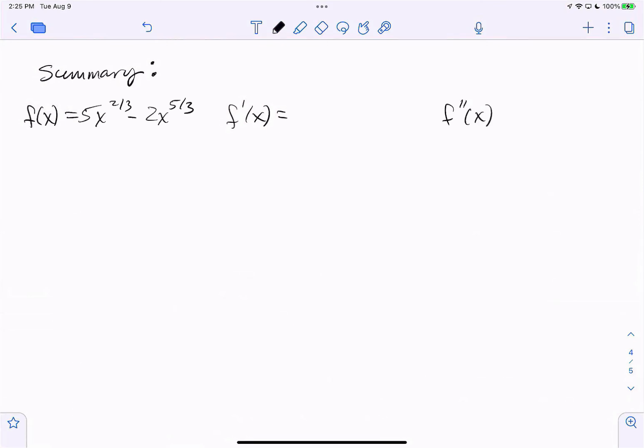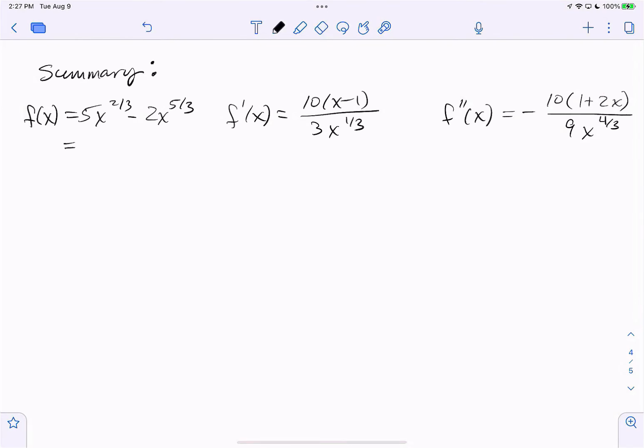Our original f was f of x equals 5x to the 2/3 minus 2x to the 5/3. f prime can be expressed as 10 times the quantity x minus 1 over 3x to the 1/3. And f double prime can be expressed as negative 10 times the quantity of 1 plus 2x over 9x to the 4/3. All right, I'm going to get x-intercepts from f of x, which means I'm going to factor out x to the 2/3.